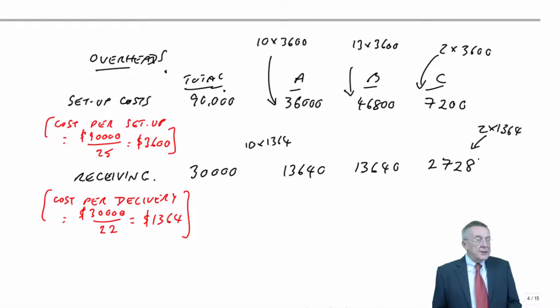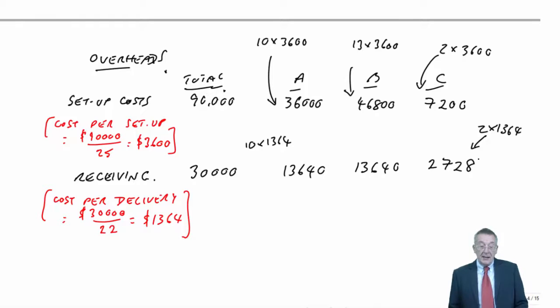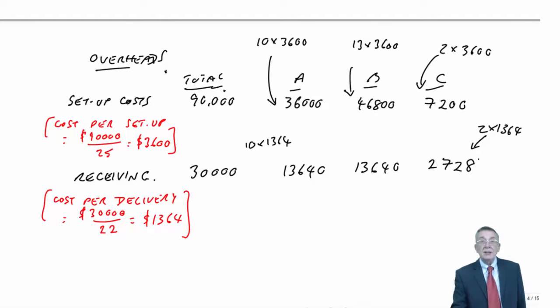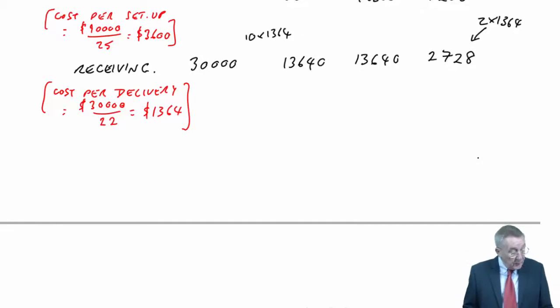Because remember, at the very end of this, I want to know the overheads per unit, and you'll see when we come to the end, a little bit of rounding here is going to make no difference. If it does upset you, then fine, do it to more decimal places. But again, you'll see at the end that it's really not worth wasting the time. Anyway, let's carry on. We're nearly there.